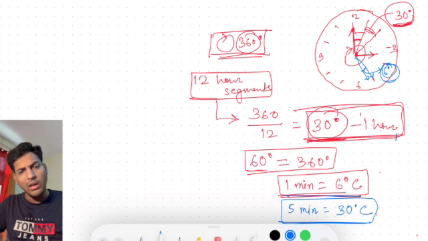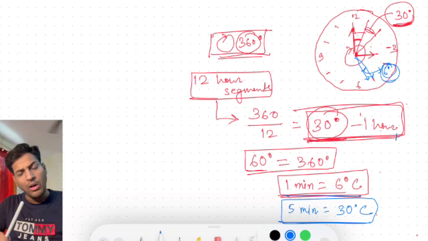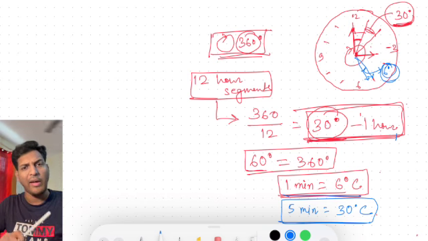When the time in your clock is 5 o'clock till 6 o'clock, the hour hand moves by 30 degrees, and for the same angle to be moved by the minute hand, it takes only 5 minutes.